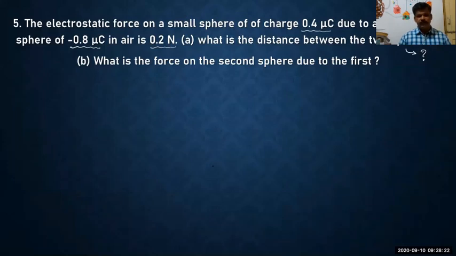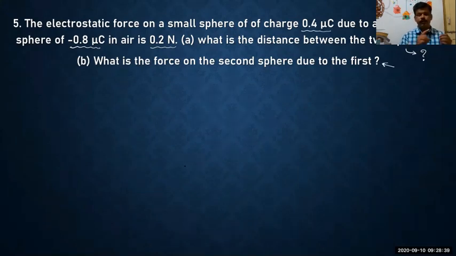See, very simple. Already in the theory we have learnt that the force acting on each sphere will be equal. So the second question, the B question, is very clear.